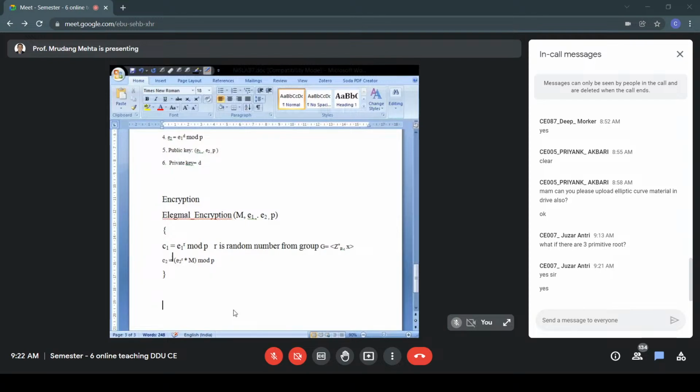So let us see now the decryption part. ElGamal decryption. In decryption, Alice has generated C1 and C2, and we are going to send C1 and C2.